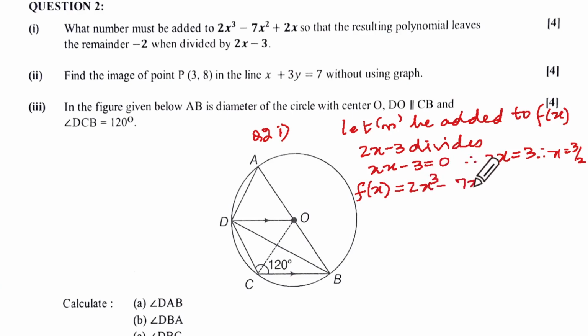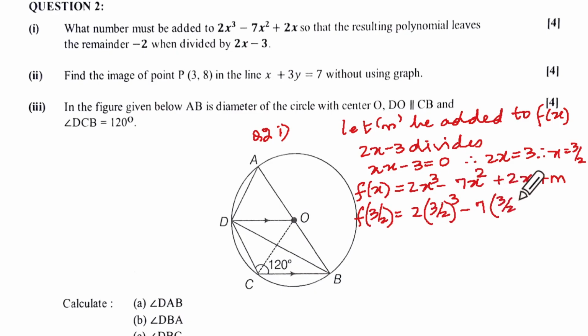Then f of x is equal to, and we will write the whole thing. Whatever you do, do it right. Even if you don't complete the paper, I don't care, but write all the statements. So f of 3 upon 2 will be 2 into 3 upon 2 whole cube minus 7 into 3 upon 2 whole square plus 2 into 3 upon 2 plus m.